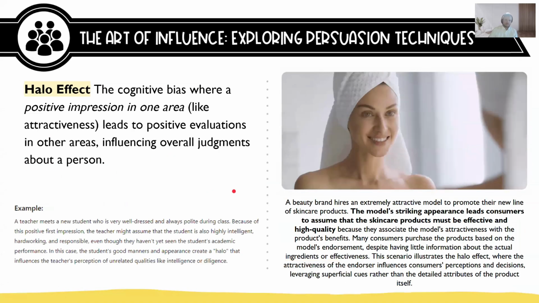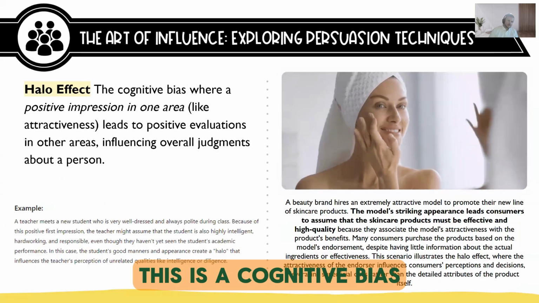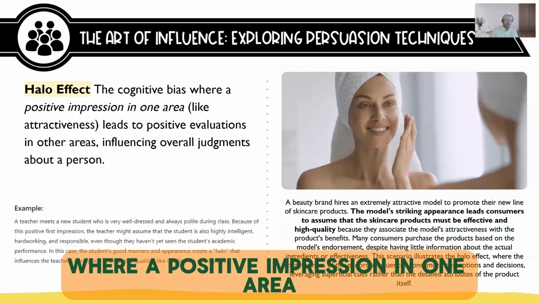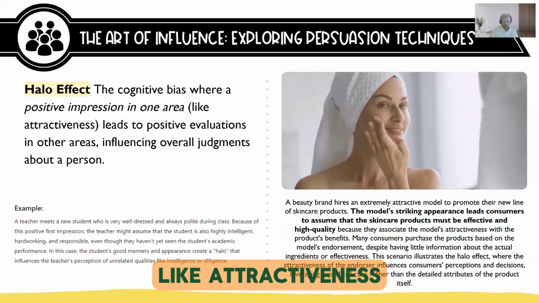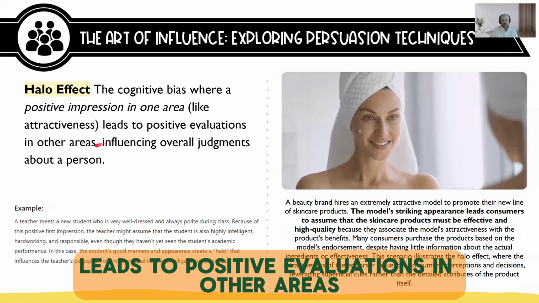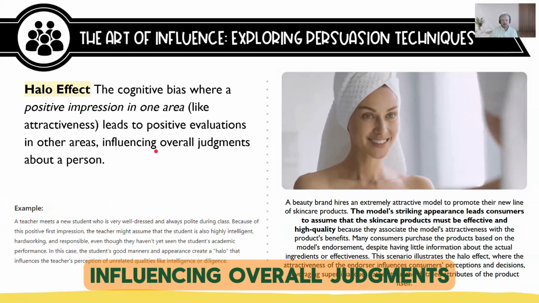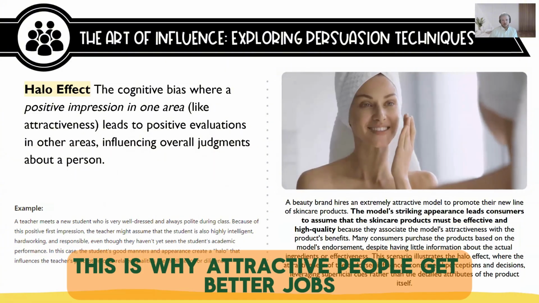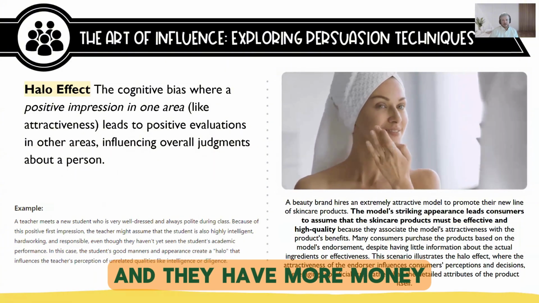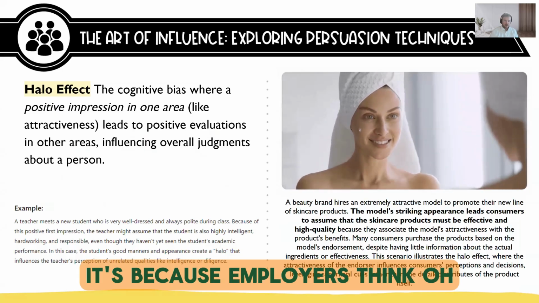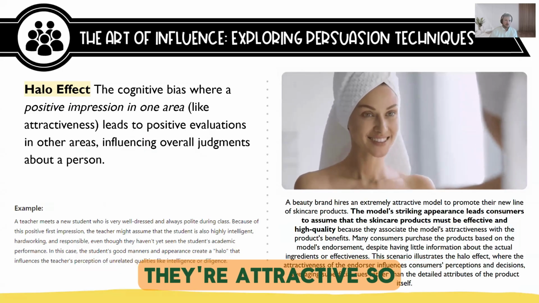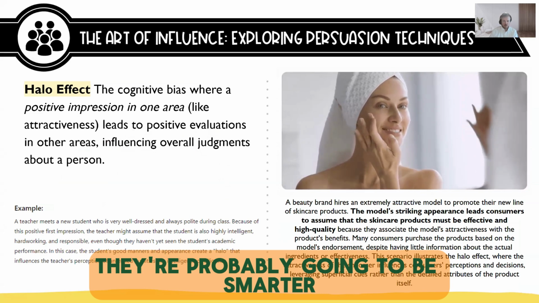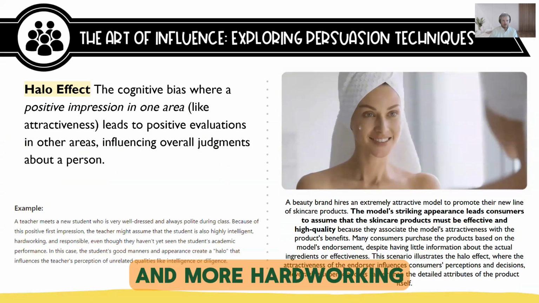Halo effect. This is a cognitive bias where a positive impression in one area, like attractiveness, leads to positive evaluations in other areas, influencing overall judgments. This is why attractive people get better jobs and they have more money. It's because employers think, oh, they're attractive, so they're probably going to be smarter and more hardworking.